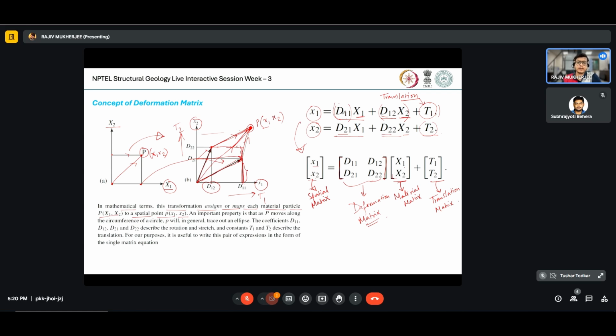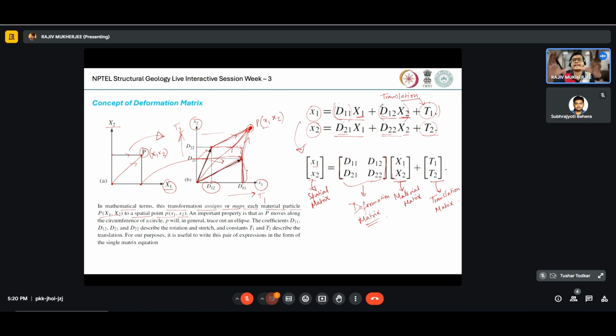So d11, d12, d21 and d22 are the coefficients that tell us how much strain is imposed along these coordinates that could translate the point P from its initial position to its final position.